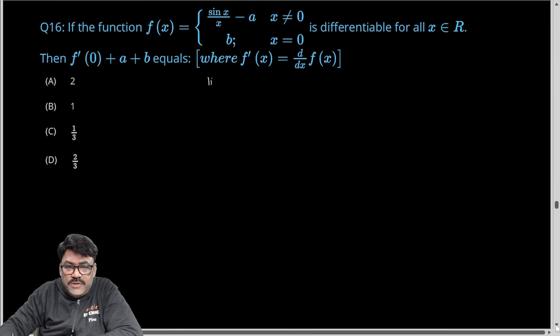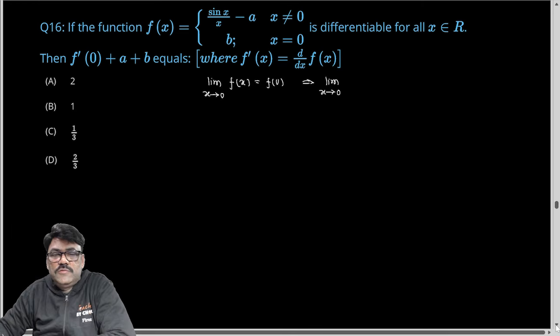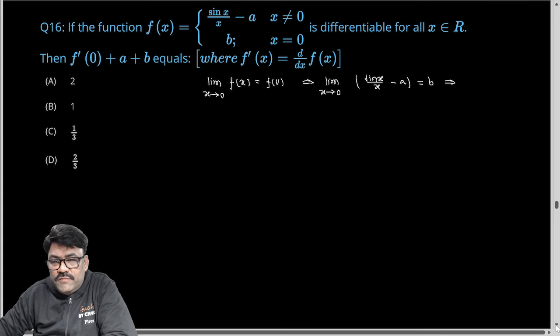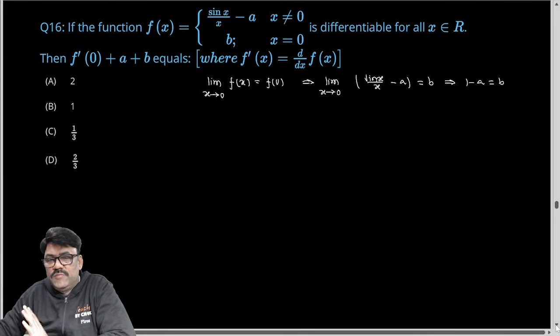Means if I check the limit x approaching to 0 f x, that must be f 0. Limit x approaching to 0 f x is sin x over x minus a, and f 0 is b. You know that when x approaches to 0, sin x over x is 1. So 1 minus a is b.